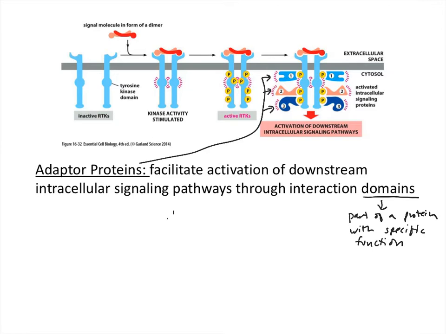And oftentimes these are conserved functions across different organisms throughout evolution. And that means that we can study them in a variety of different organisms, including model organisms, and then understand how they work within our own cells.